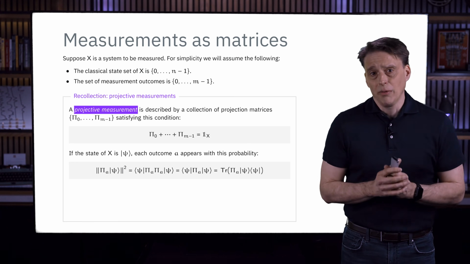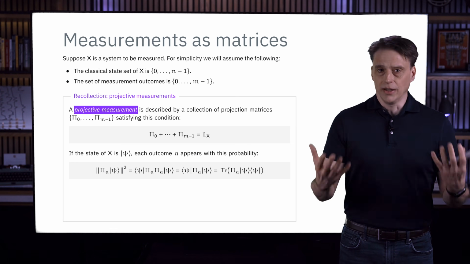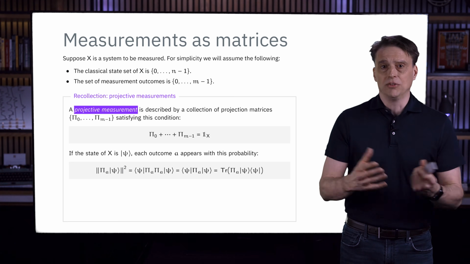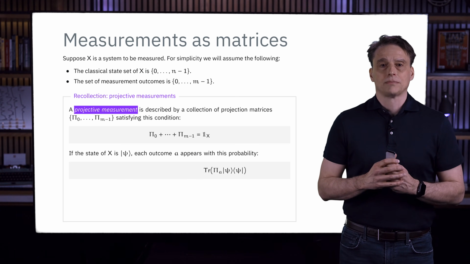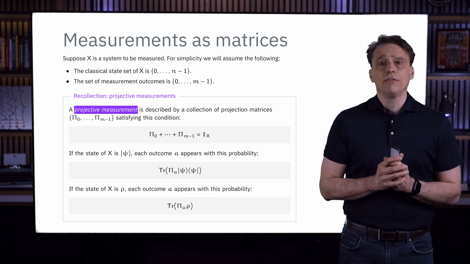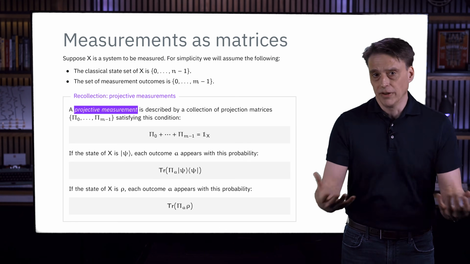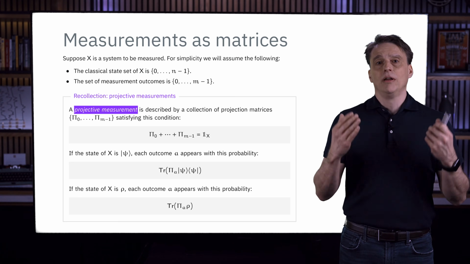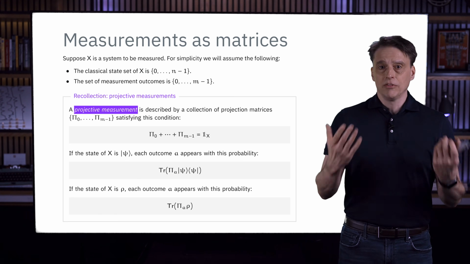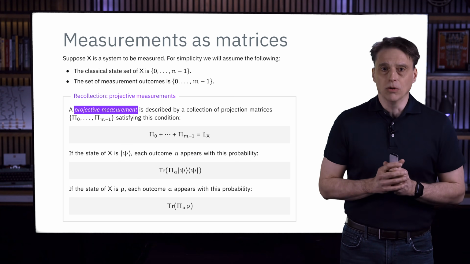And if it's not clear why we want to write the expression like this, the short answer is that we'd like to understand how projective measurements work for density matrices. And in particular, by linearity, we have that if the state of X is described by a density matrix rho, rather than a quantum state vector psi, then the probability for the outcome a to appear is given by the trace of the projection pi a times the density matrix rho.